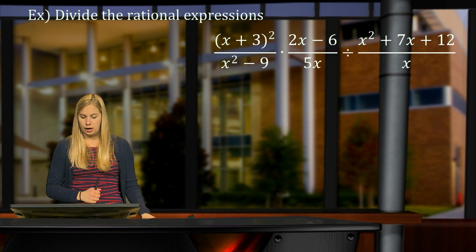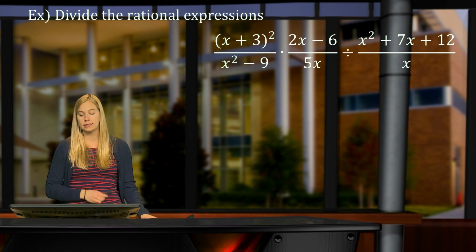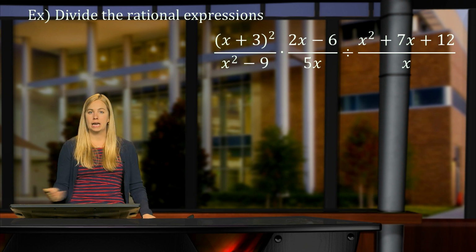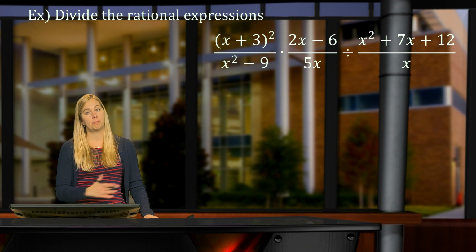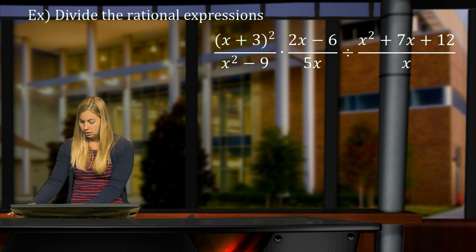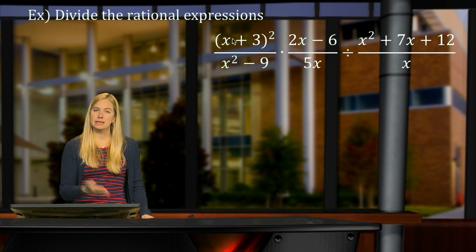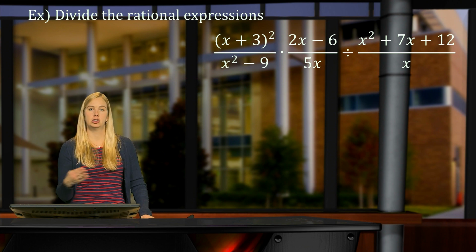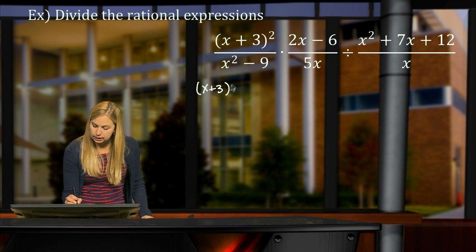(x plus 3) squared divided by x squared minus 9, times (2x minus 6) over 5x, divided by (x squared plus 7x plus 12) over x. Anytime we're dealing with multiplying or dividing rational expressions, we want to start by factoring everything. This first numerator is already factored, but I'm going to express that power of 2, writing the binomial twice: x plus 3 times x plus 3.